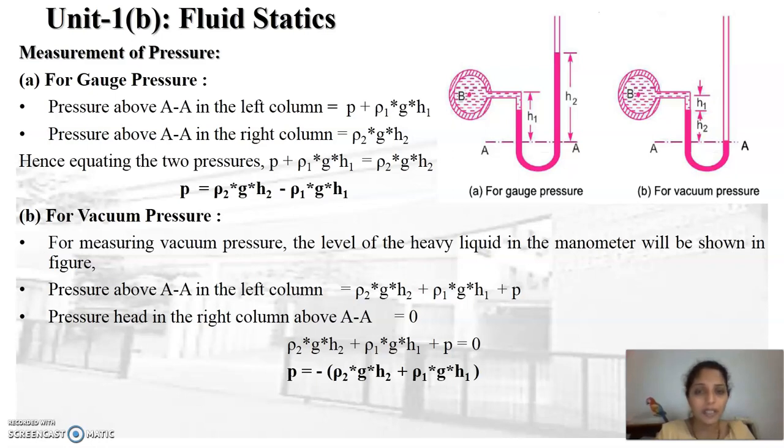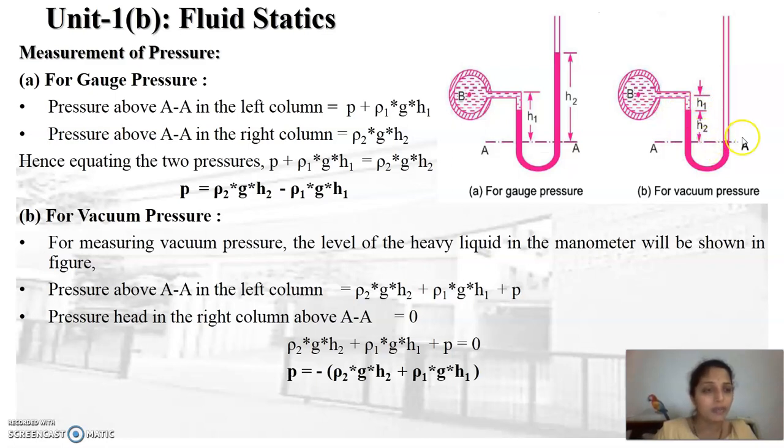Now the second pressure is the vacuum pressure. For measuring the vacuum pressure, the level of the heavy liquid in the manometer is shown in this diagram. See this second diagram. This dark color is the heavier liquid. As in the previous case, we can determine the pressure at point B by considering the datum line AA. The pressure in the left limb is equal to the pressure at point B plus ρ1gH1 plus ρ2gH2.